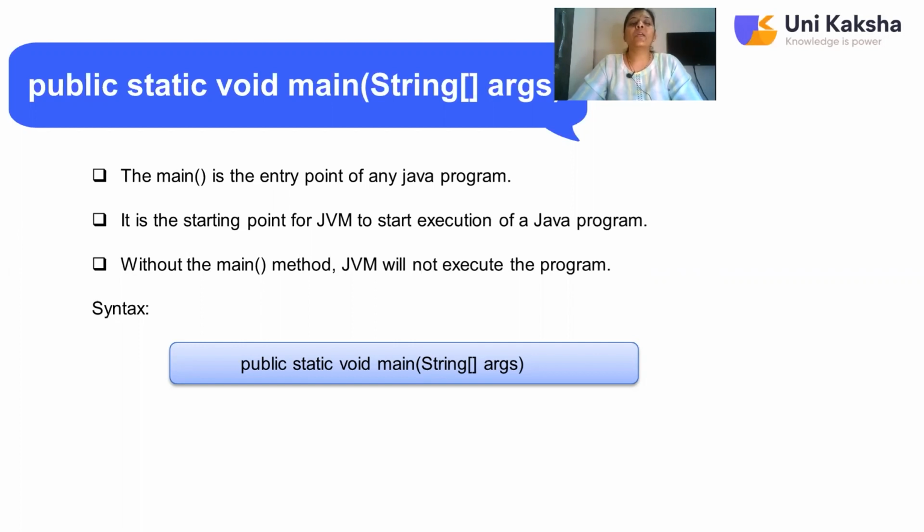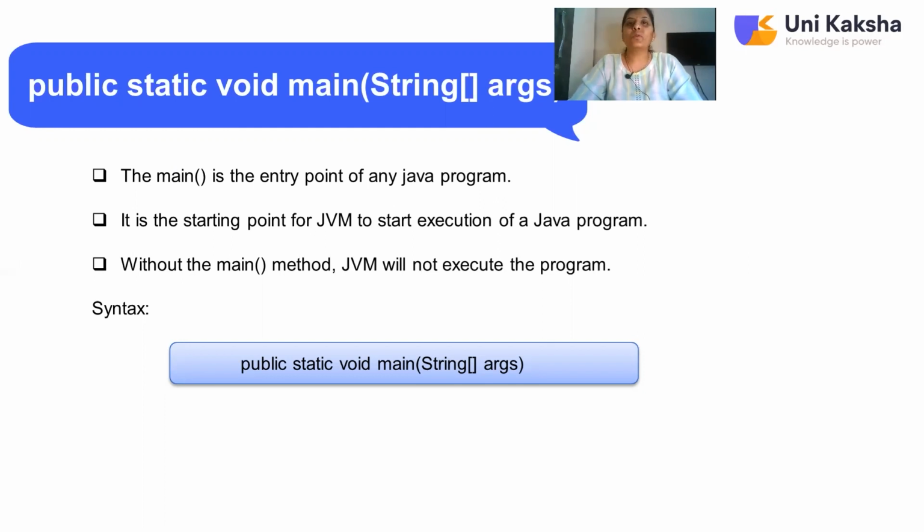Whenever we are considering the main method, its syntax is public static void main String arguments, and you must follow this syntax. Now many students, many programmers ask whether we can change the name of the main method. That is, instead of public static void main, for example, can we write public static void unikaksha?